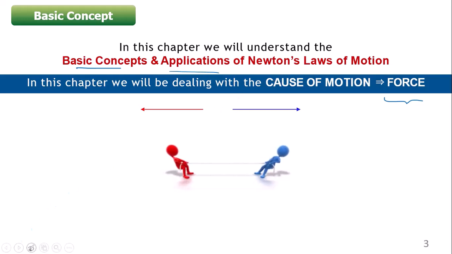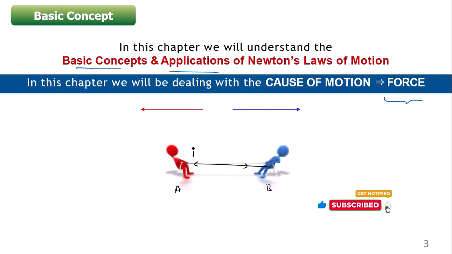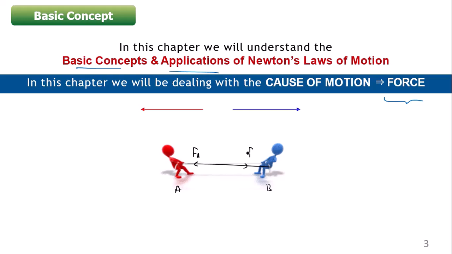Suppose there are two bodies, two boys A and B, going for a tug of war. I apply a rope here, and on this rope each applies force in his own direction. Let FA be the force applied by person A, and FB the force applied by person B on the string itself.